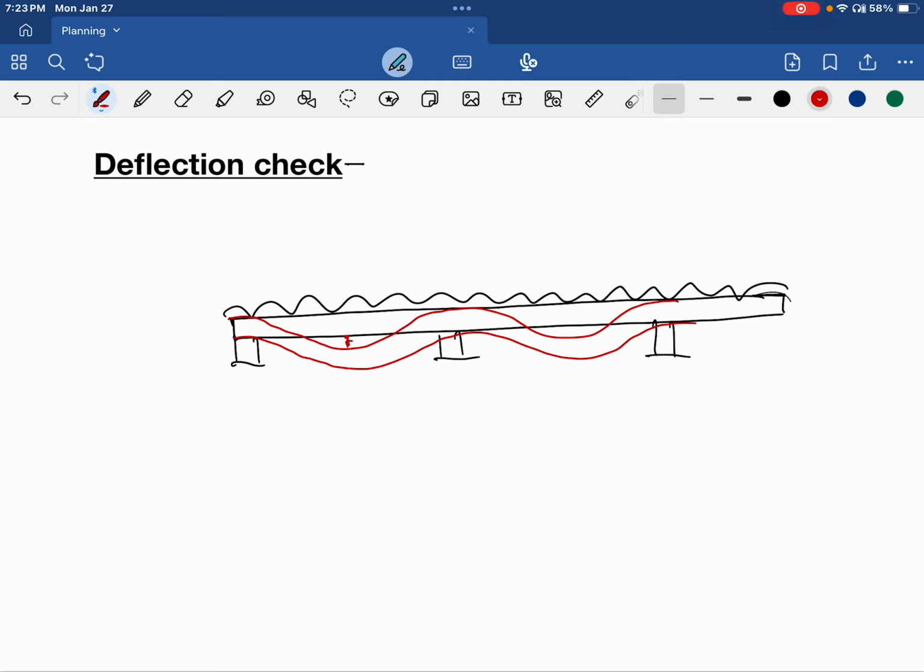This delta is the point of concern here. We need to limit it, limit the deflection.